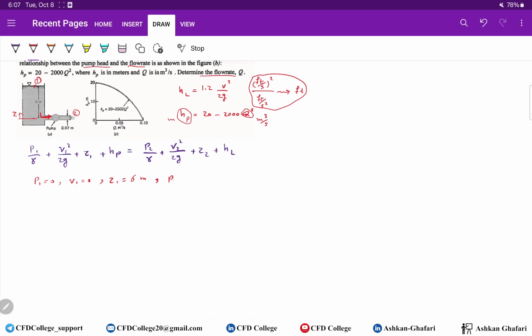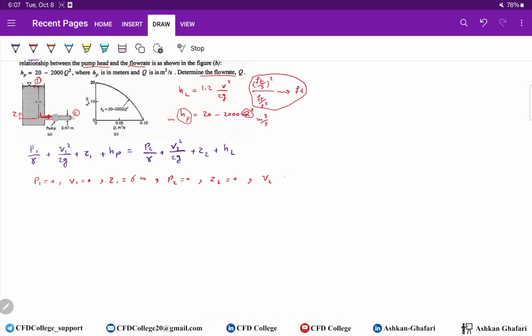What about P2? We know that pressure at point 2 equals 0 because it's atmospheric, and we know Z2 equals 0, but we don't know anything about the velocity. The only thing we know is V2 has a value and we don't know it.